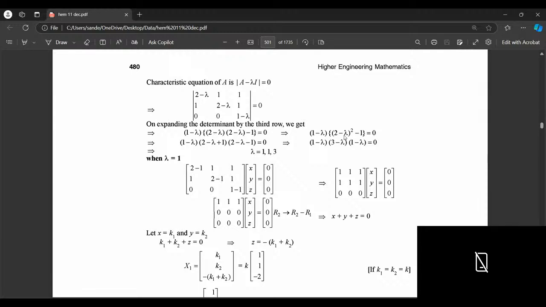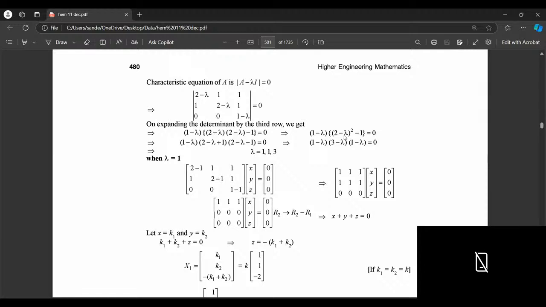Means you will get one equation here, x plus y plus z equal to 0. It means you will get two equations are similar here, x plus y plus z equal to 0.